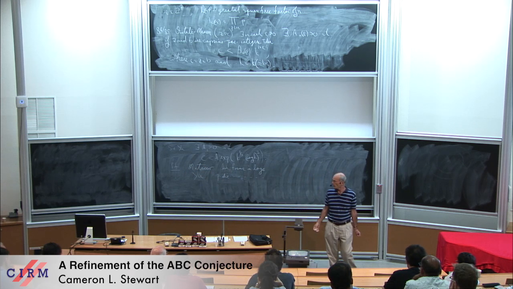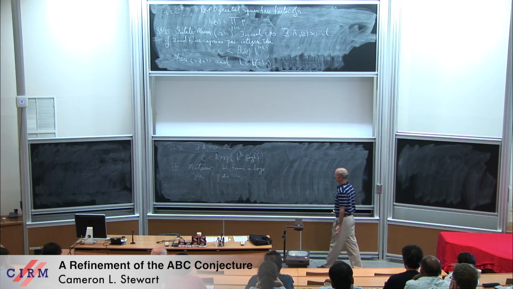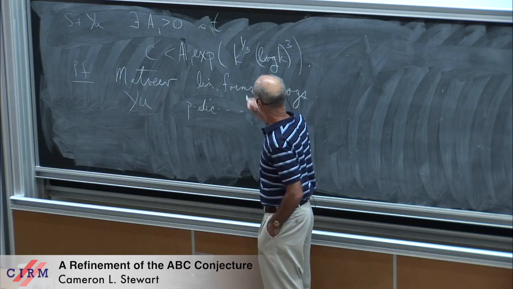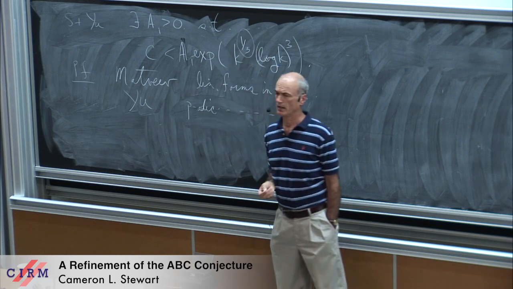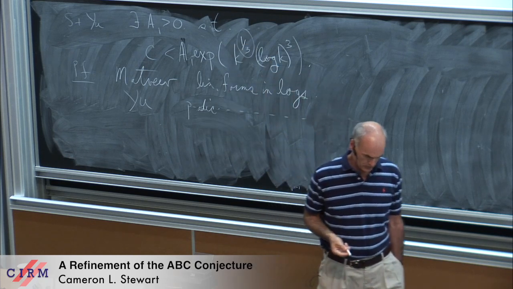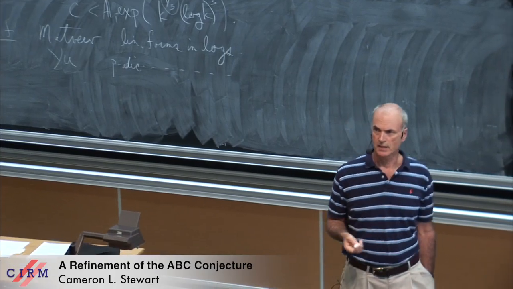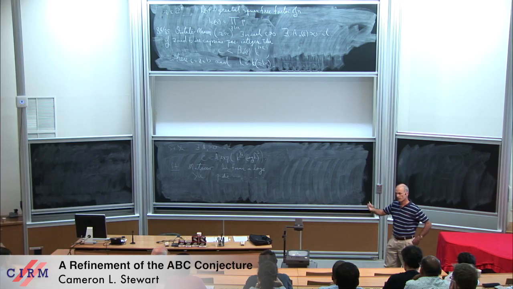And one can ask, well, okay, can we push this further? Basically, one would hope to replace that k to the 1/3, at least within this context of linear forms, by a k to the epsilon for any epsilon.